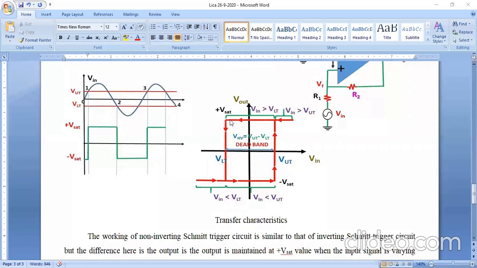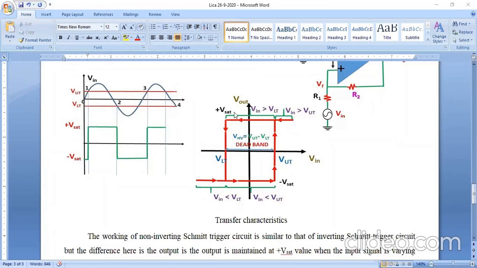From the next instant, the input voltage is greater than the lower threshold voltage. The input voltage stays greater than the lower threshold voltage from the second to the third instant, and the output is plus V saturation.